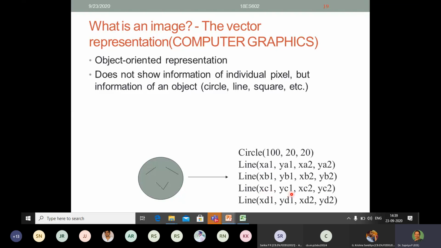Similarly, xc1, yc1, xc2, yc2, and so on. This tells us that we could have computer graphic representation, or what we call the object-oriented representation, in the form of, as the term says, objects such as circles, lines and squares. Square has not been included in this particular presentation.